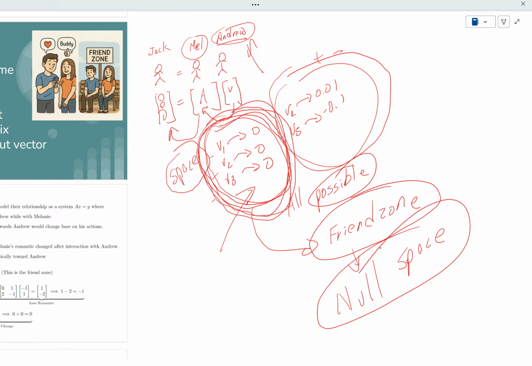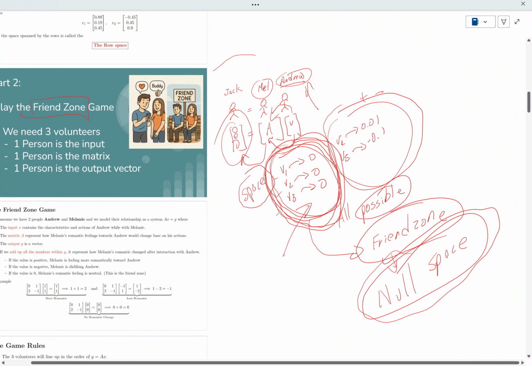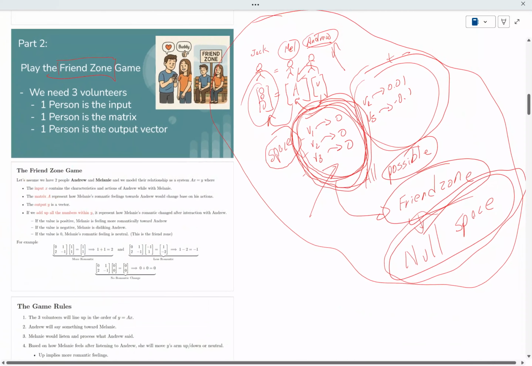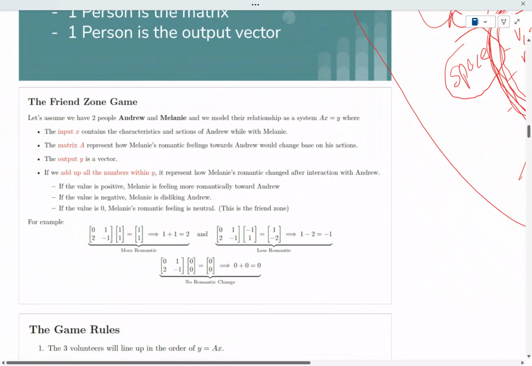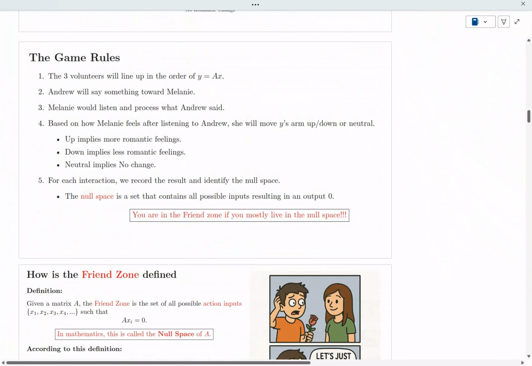Basically, null space is the set of actions you take that go into a system and elicit nothing. You're getting nothing back. Okay, so the game will essentially go like this in class, but you're not watching it. You're watching on the video, so you get the point. Hopefully now you understand what a null space is.